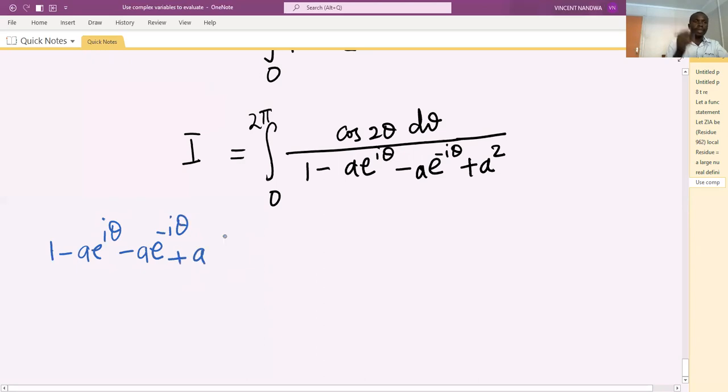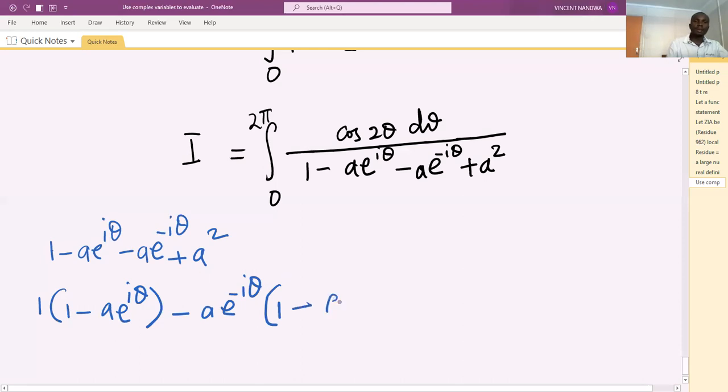so we have 1 minus a e raised power i theta minus a e raised power minus i theta plus a squared. You can write this as 1 minus a e raised power i theta, times, factoring out a e raised power minus i theta, 1 minus a e raised power i theta. If you multiply these, negative times negative is positive, so a times a is a squared, and then you have e raised power minus i theta times e raised power i theta.